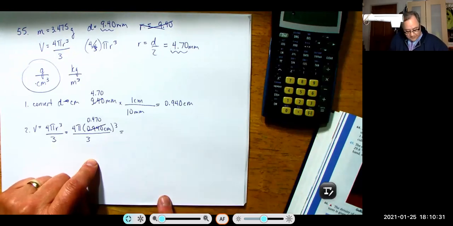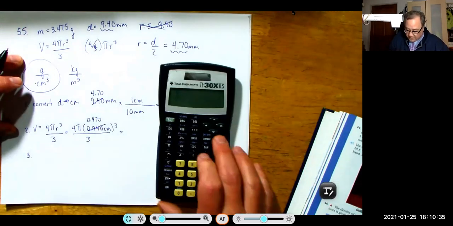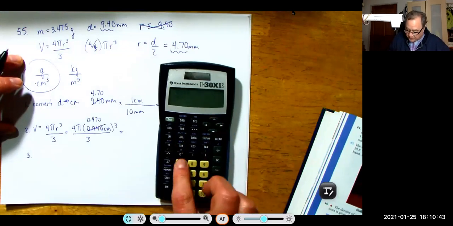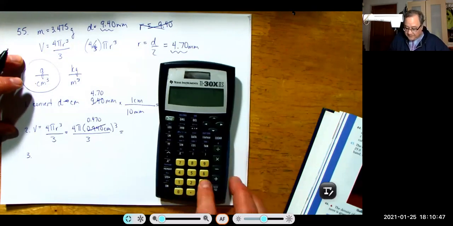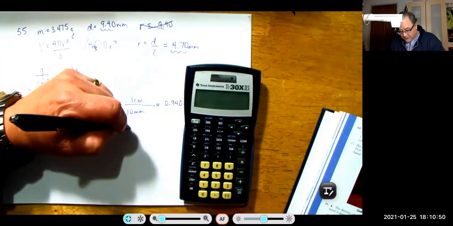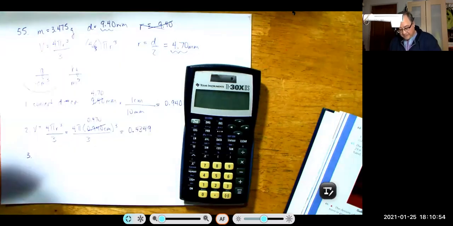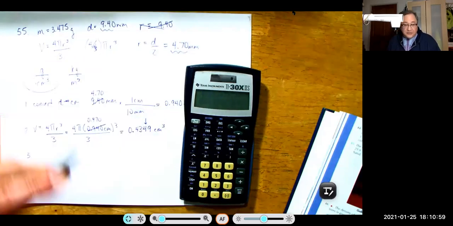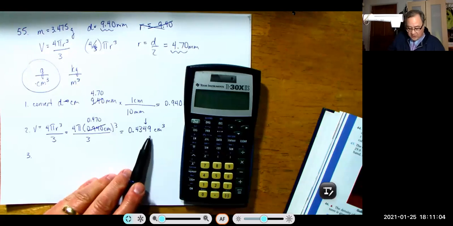All right, so let's go ahead and finish this very quickly here. So I've got 4 times pi times 0.47 times 0.47 times 0.47 divided by 3. And I do get 0.4349 centimeters cubed. And I'm using the arrow to tell me that that's where I would round, but I'm keeping an extra digit along.